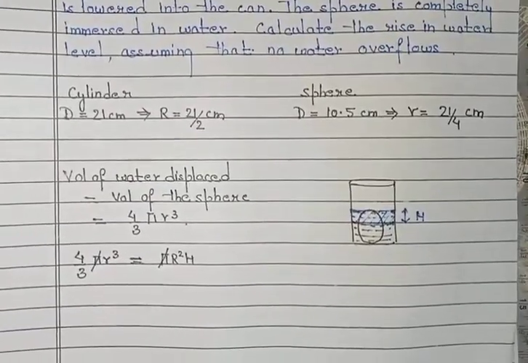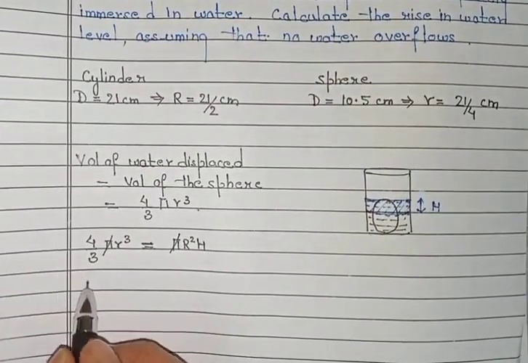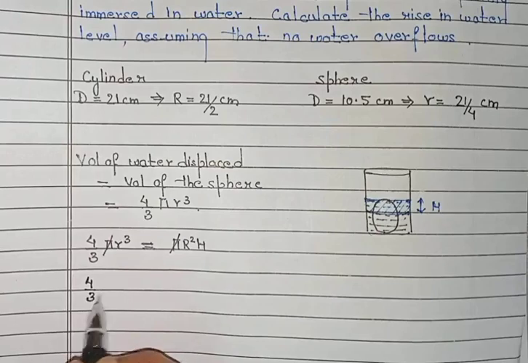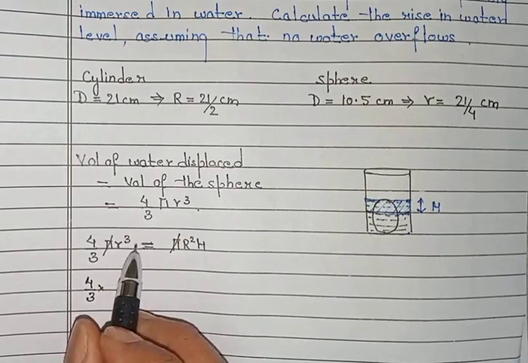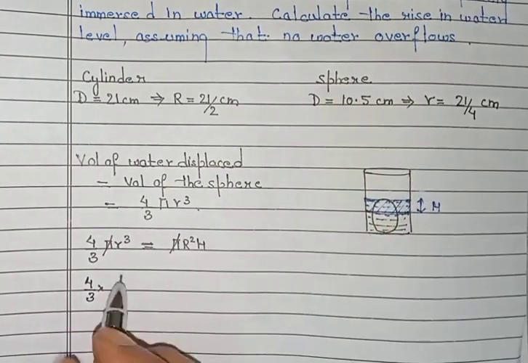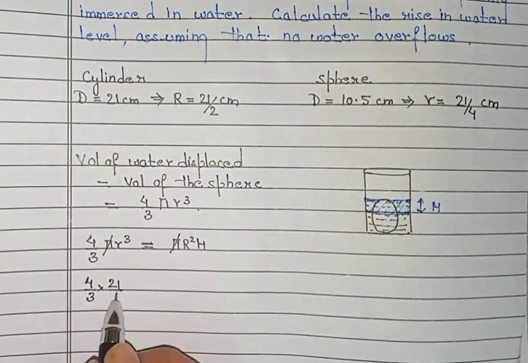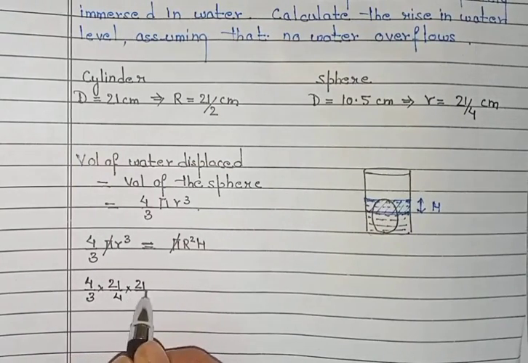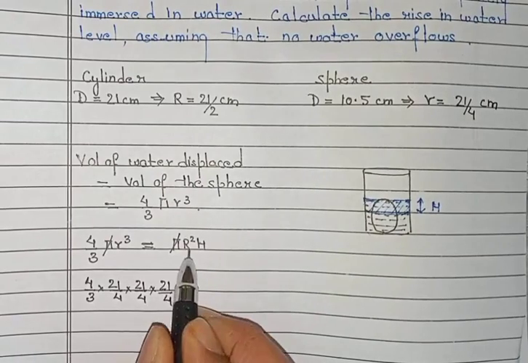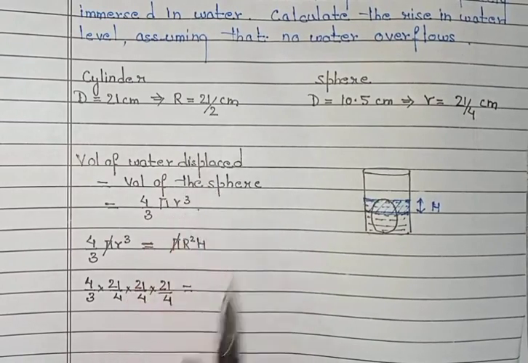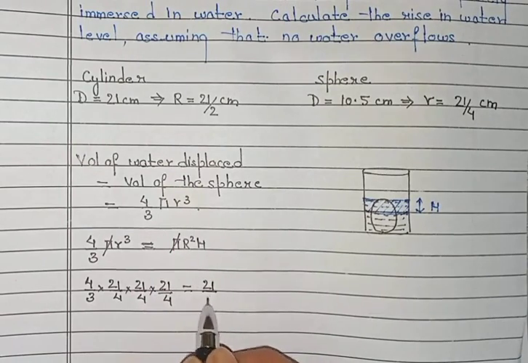So here when we substitute the values, it will be 4 by 3. On the left side we need radius of the sphere, that is 21 by 4. On the right side, the radius of cylinder, it's 21 by 2.